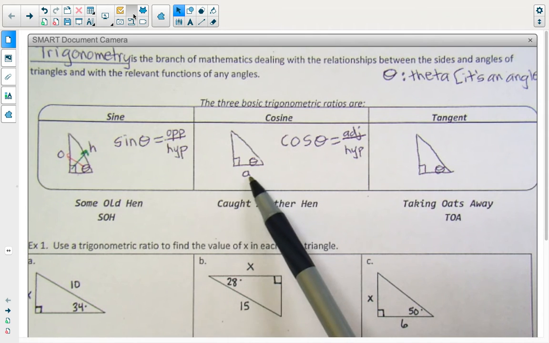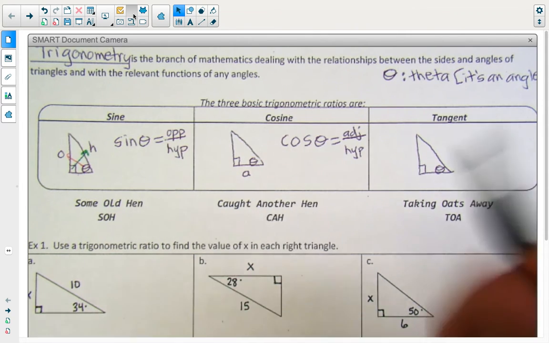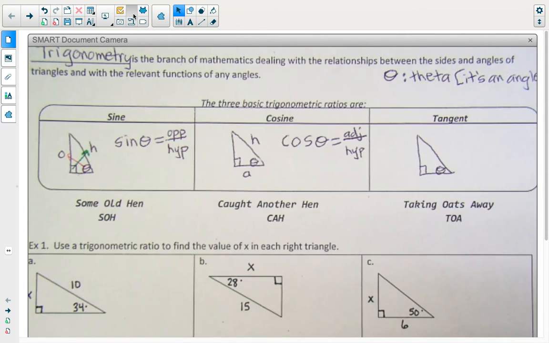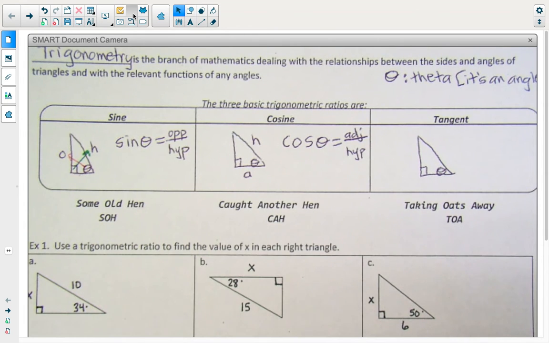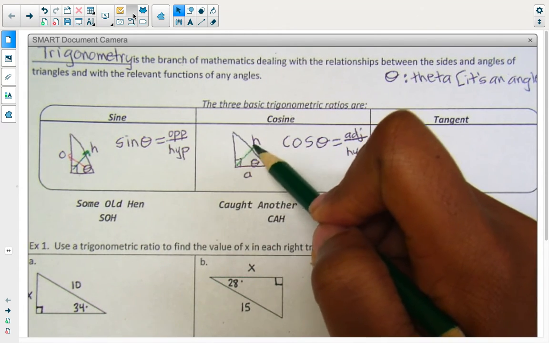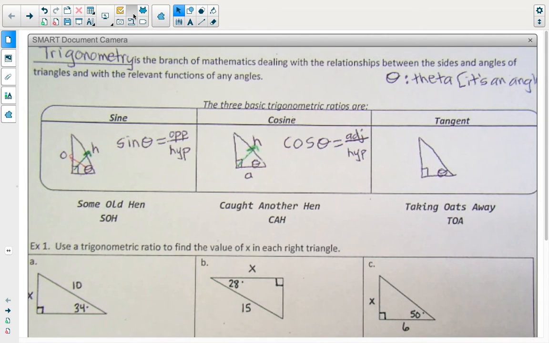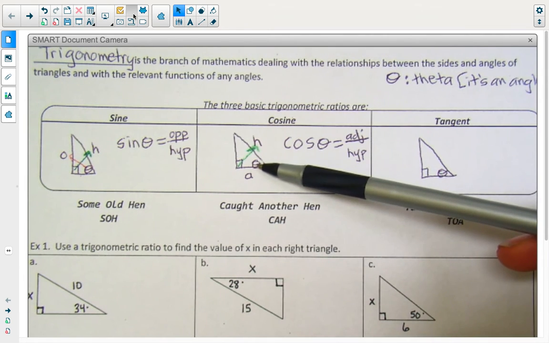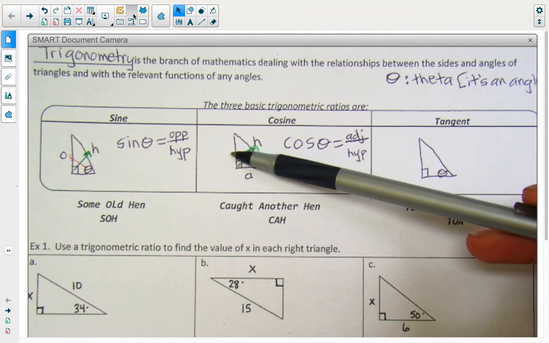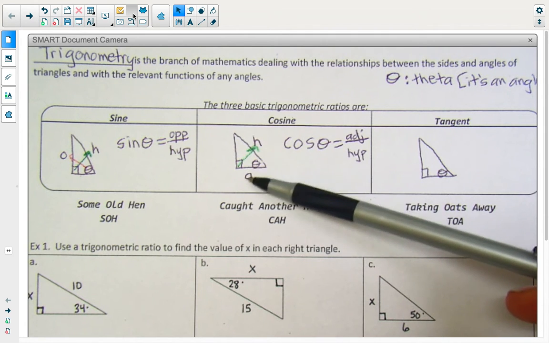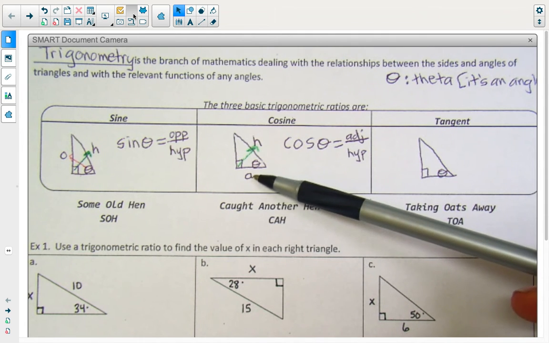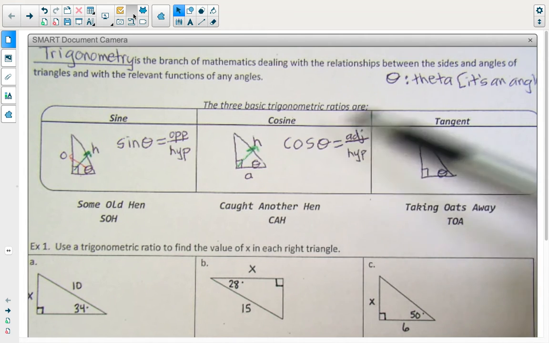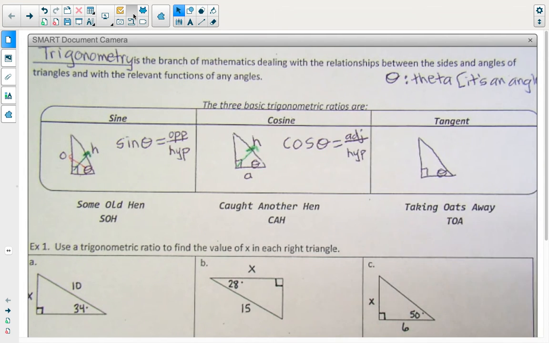That's my adjacent side, A for adjacent, and my hypotenuse is still in the same spot. Go directly across from your right angle. That is your hypotenuse. Directly across from your angle measure is the opposite side. And the side that's underneath the angle, right beside it, that is your adjacent side. So cosine is adjacent over hypotenuse.